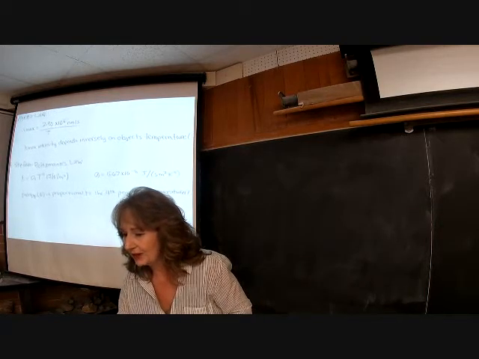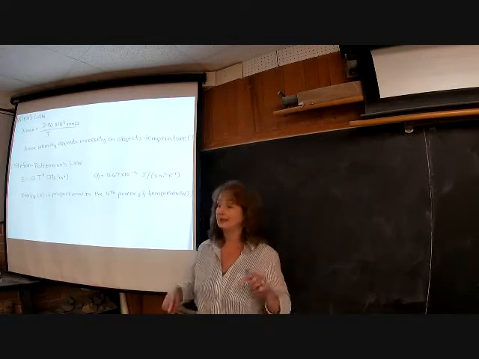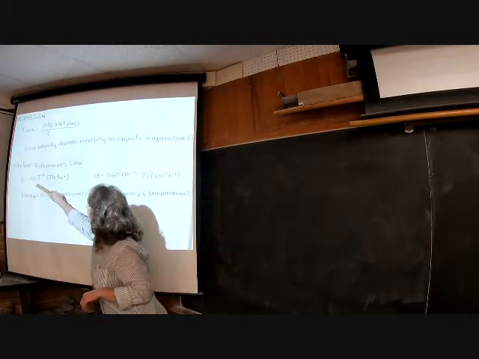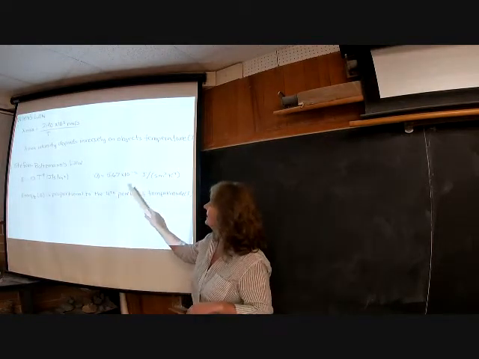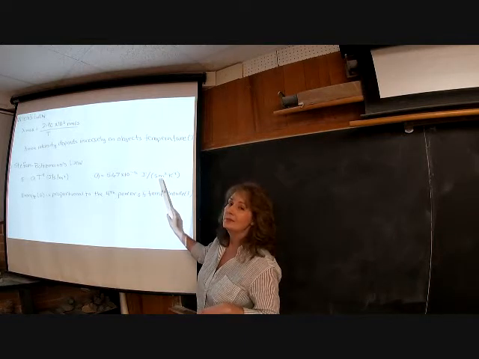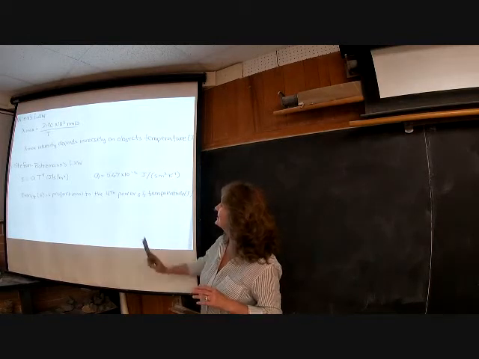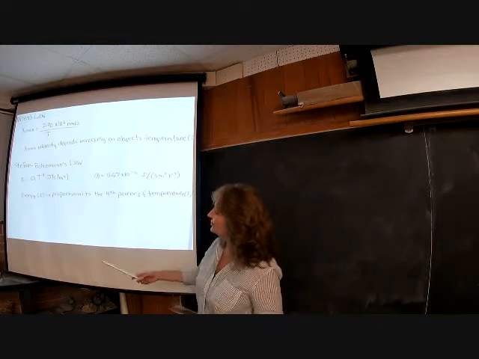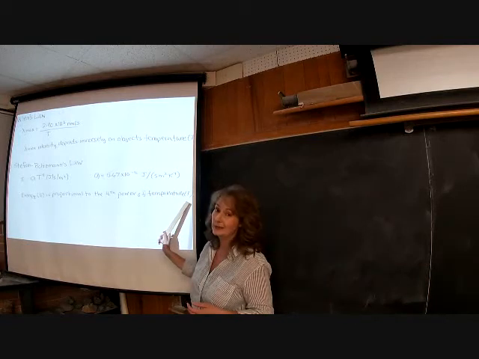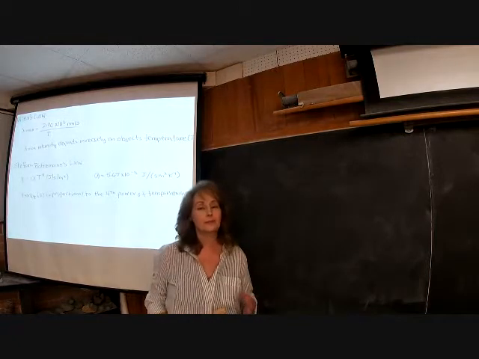Stefan-Boltzmann's law is taking energy and relating it to temperature, and it's a directly proportional thing. We have a little sigma symbol here, and it's a constant, 5.67 times 10 to the minus 8 joules per second meter squared, Kelvin to the 4th power. That's the unit for this constant. So energy, E, is proportional to the 4th power of temperature. That constant times the temperature to the 4th power, of course temperature's in Kelvin.